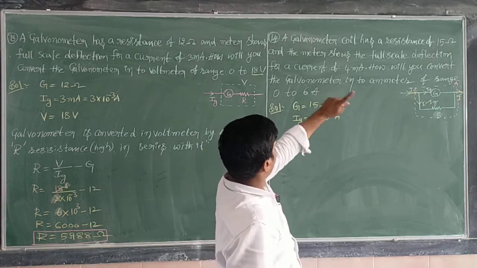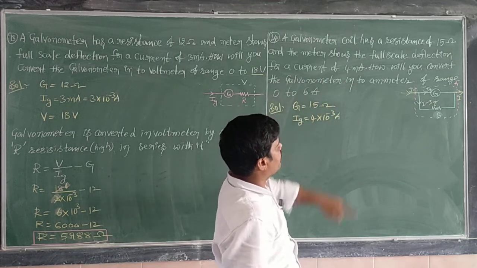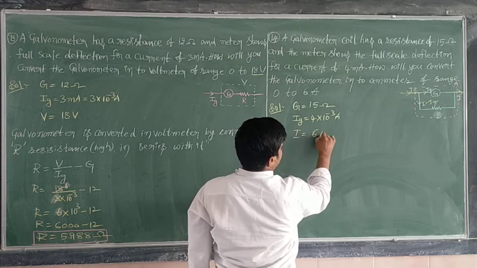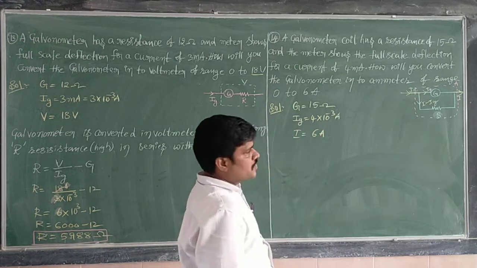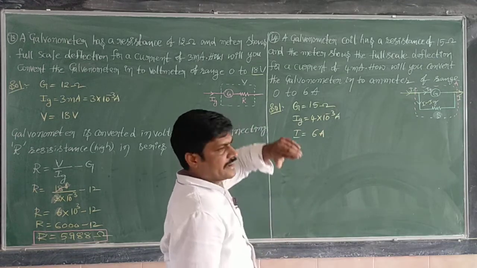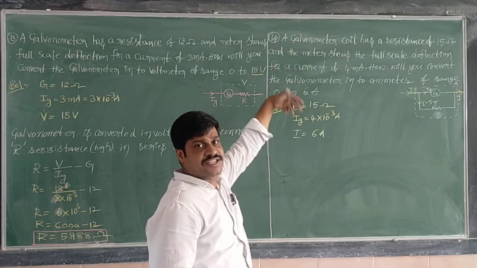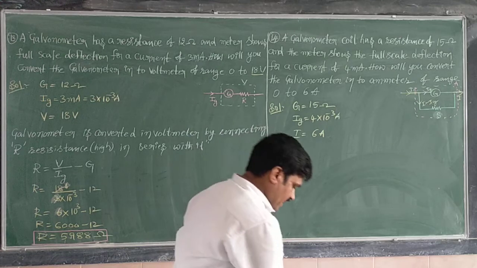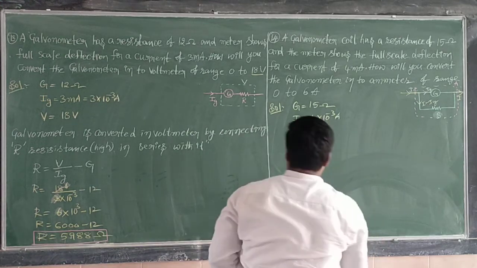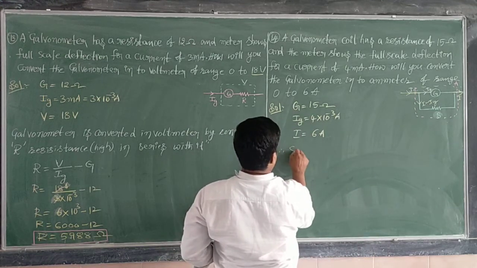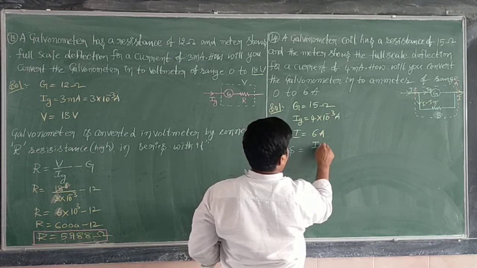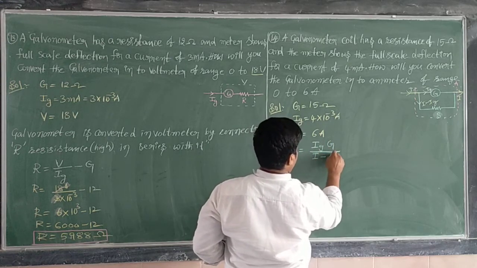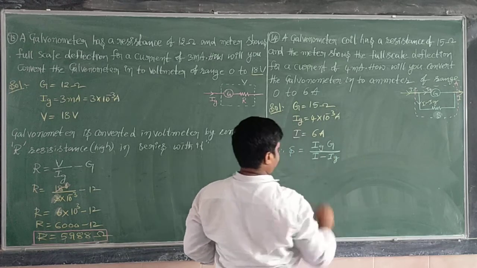Then how will you convert the galvanometer into an ammeter for a range of 0 to 6 ampere? By connecting a small resistance, that is shunt resistance, in parallel with the galvanometer. Directly I am solving the problem here. Therefore S is equal to Ig into G divided by I minus Ig.